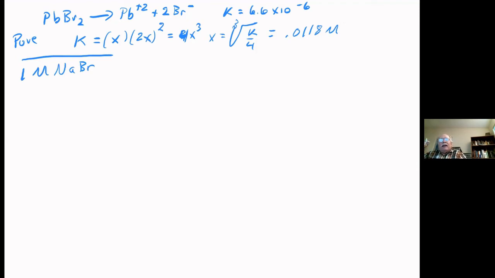You only have Ksps for insoluble salts. From Gen Chem 1 solubility rules, all salts of alkali metals are soluble. So this is a large value, and it's a Gen Chem 1 problem. If I have 1 mole of sodium bromide, I have 1 mole of sodium dissolved and 1 mole of bromide dissolved. So I have a common ion effect.